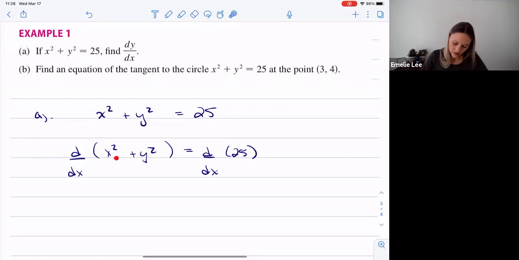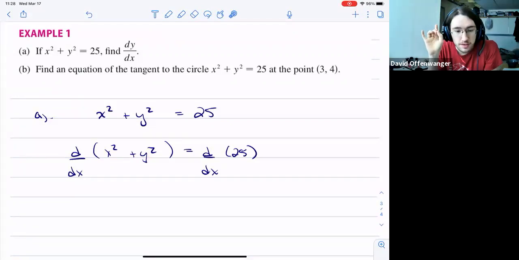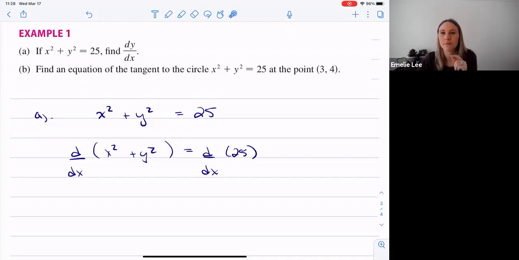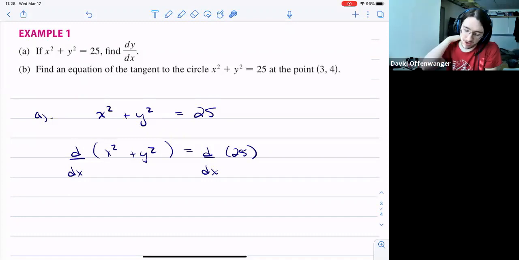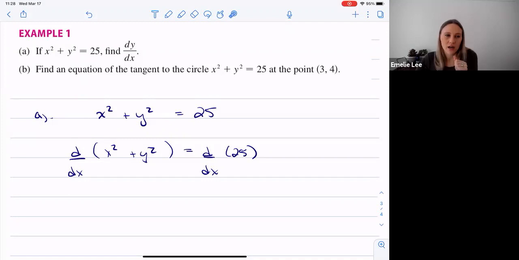Okay? So here, I essentially have a polynomial. I assume that if we're deriving one side, we also need to derive the other. Yes. Okay. Yeah. So same as before. What happens to one side happens to the other. Yeah, totally.